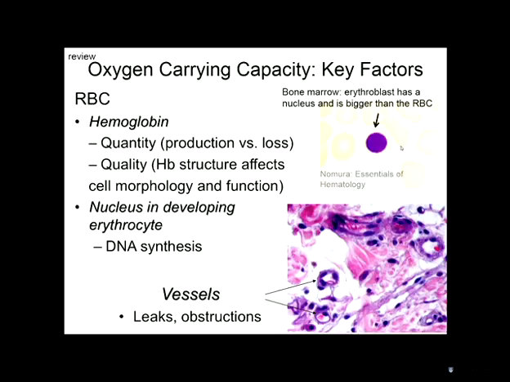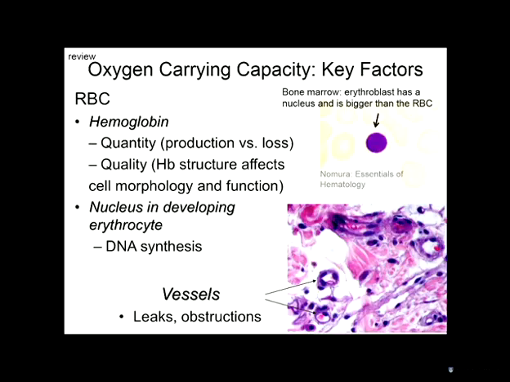So synthesis of DNA in those steps is crucial to making the right kind of red cell. And you will see how disturbances in DNA synthesis can lead to deficiencies in red blood cells called megaloblastic anemia.